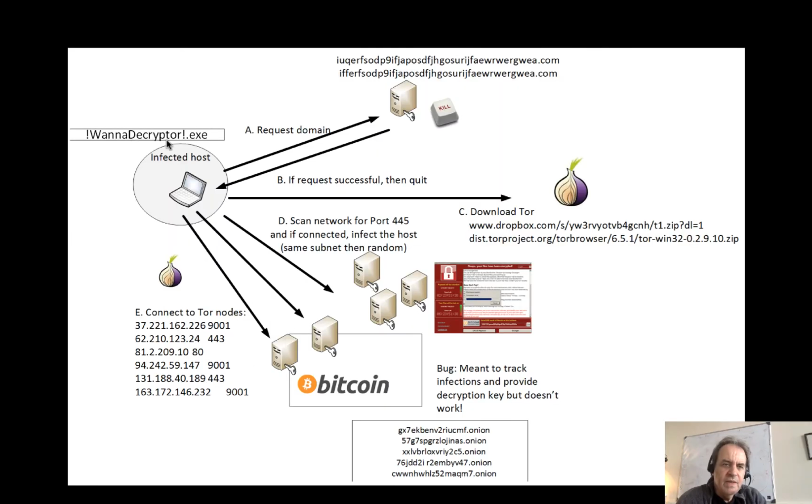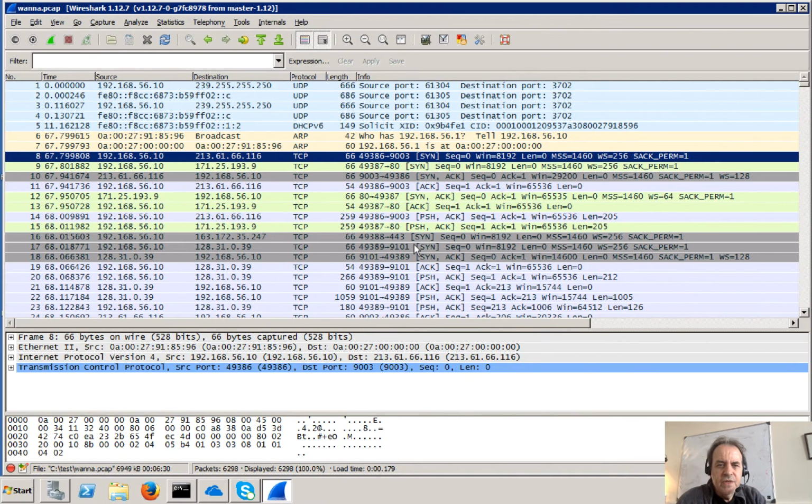When the exe is running, it contacts a whole lot of Tor nodes to make the connection to distribute the key to the command and control infrastructure. So these are the connections here, and we can see a connection from the local machine to 213.61.66.116, connecting on port 9003.